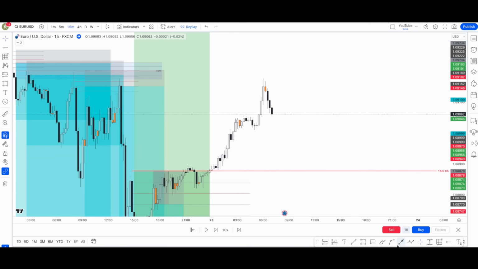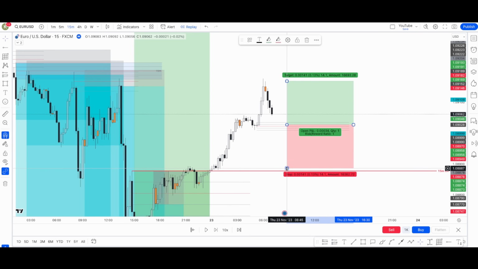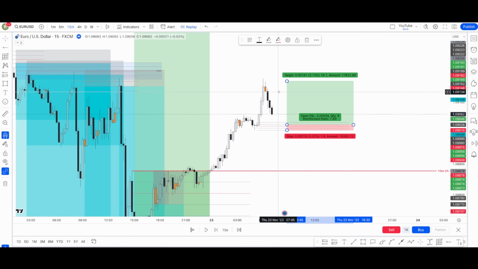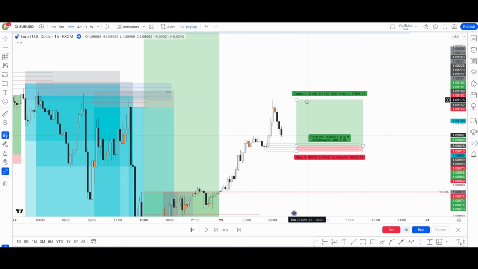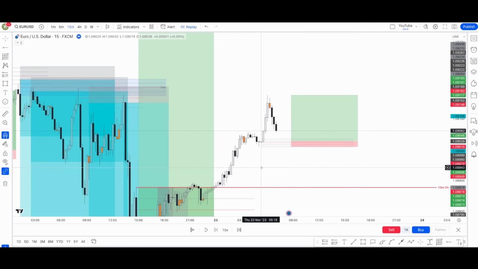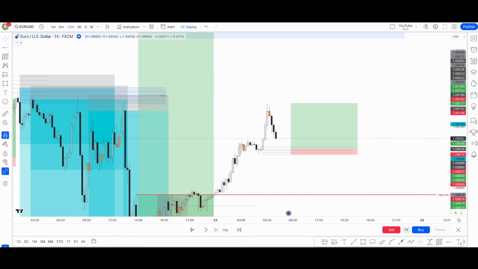But there is now possibly a long opportunity here. I'm going to cover that wick just so we can get a rebalance. And we are going to try and get long there because it's a 15-minute and we're in the middle of nowhere. This would be our first target, just a continuation.